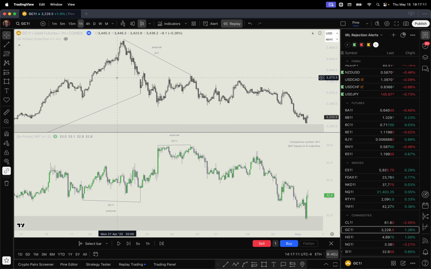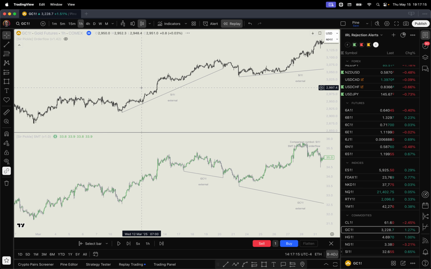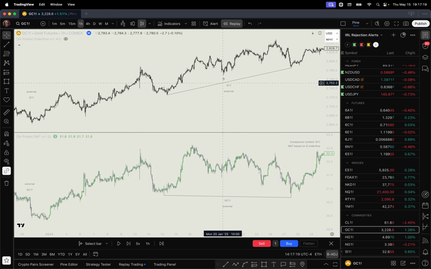And also, you will very often see that the two lines start at a similar time, but not exactly at the same time. For example, here. So here we see it always ends at the same candle, because this is where we identify SMT. This must happen at the same time. But the starting point is the candle of the current time frame.